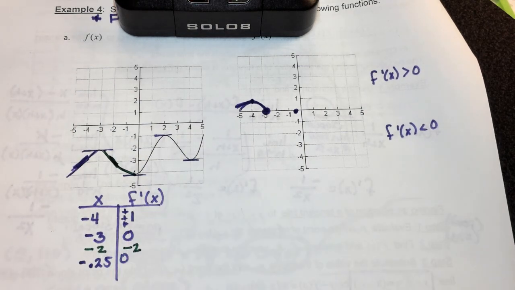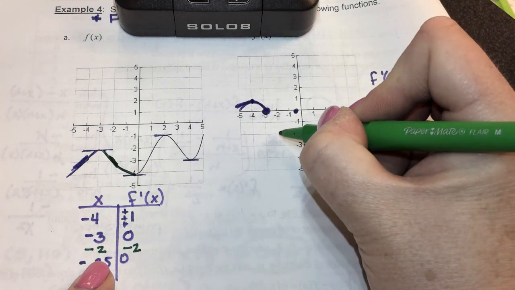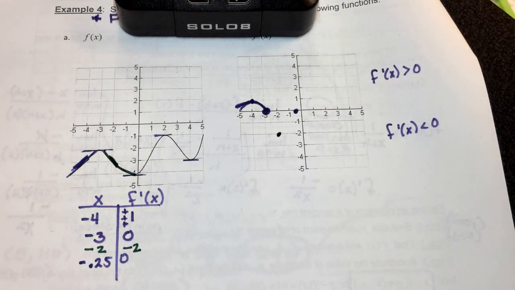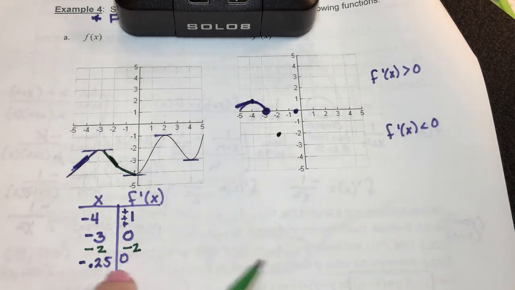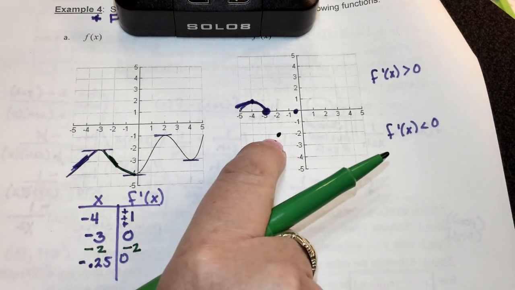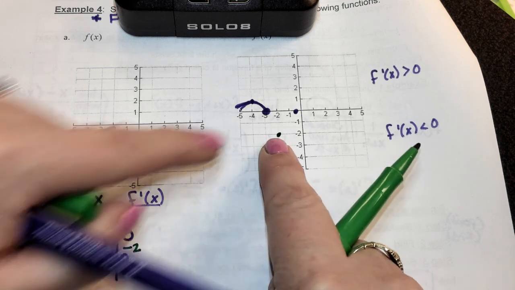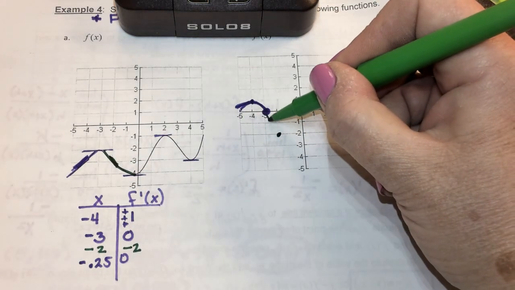I'm going to say negative 2. So then at negative 2, I have a y value of negative 2. You said negative 1.5, then you'd put your point at negative 1.5. But if that's where it appears to be the steepest, all of us should have a point around this area somewhere. That should be the lowest point in this particular interval from negative 3 to negative 0.25.